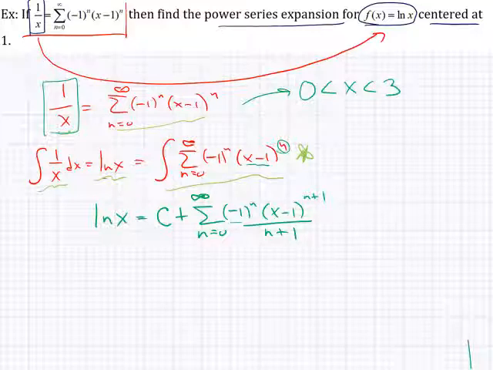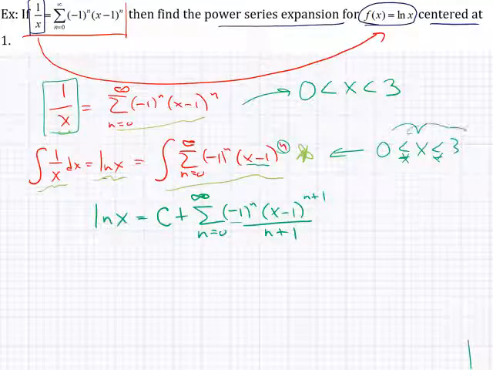So the interval of convergence for this series should also somehow be between 0 and 3. Now, do we include the endpoint or not include the endpoint? Remember, that's the only thing that can change with the integration. But as long as I choose an x somewhere in this interval, not at the ends, I know for sure that it will converge.